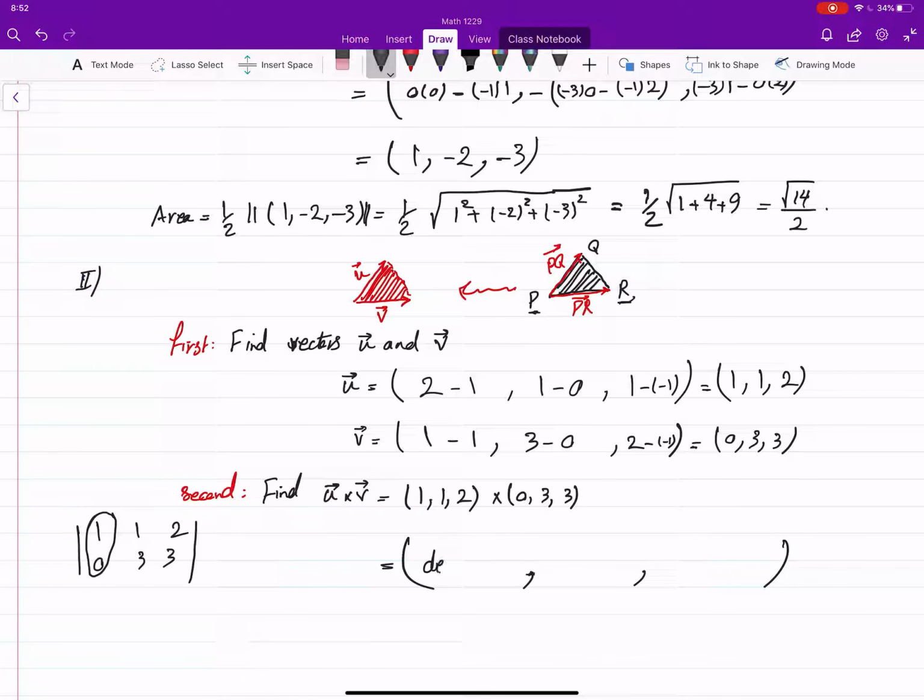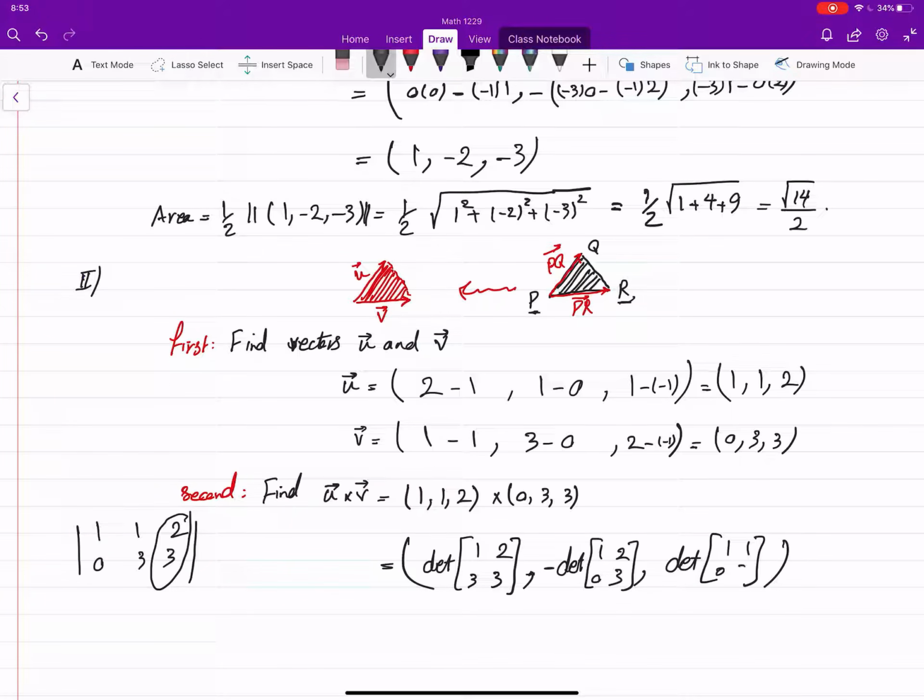The remaining is a 2 by 2 matrix, 1, 2, 3, 3. Find the determinant of that. For the second one, ignore the second column. Then the remaining is a 2 by 2 matrix, 1, 2, 0, 3, multiplied by a negative sign. For the third one, ignore the third column, and the remaining is a 2 by 2 matrix, 1, 1, 0, 3.